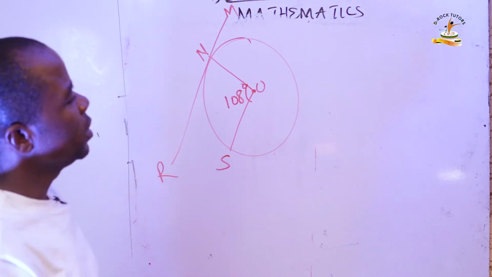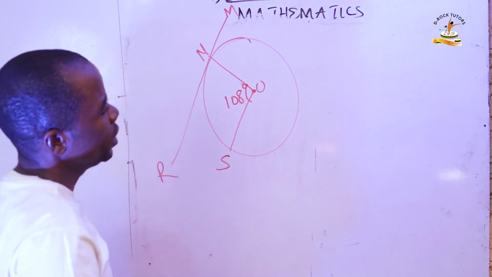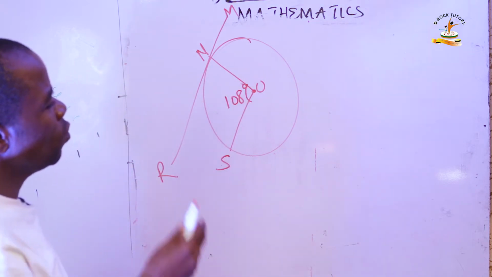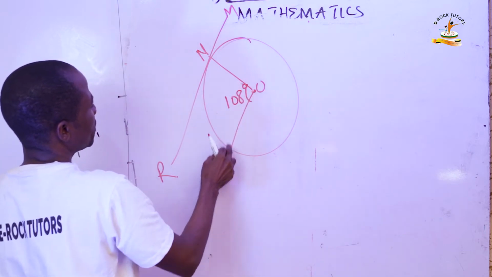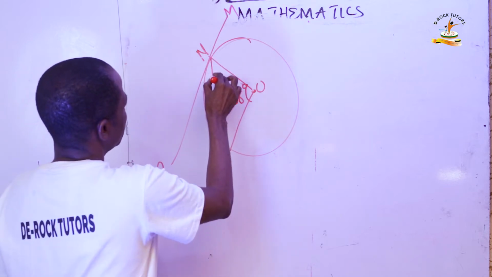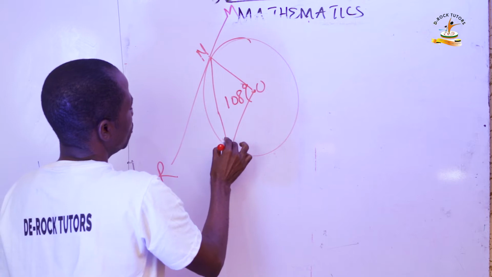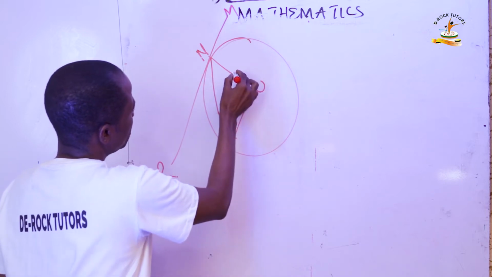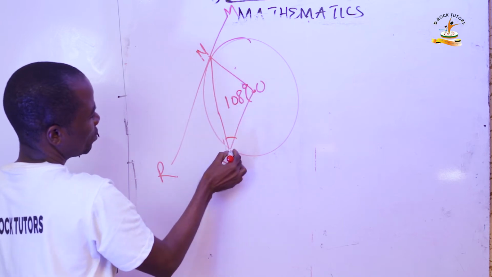So we are told that angle NOS is 108 degrees. We are asked to find angle OSN. If you look at this, to complete it, this is a radius. From here to here, that's a radius. From here to here, that's a radius.